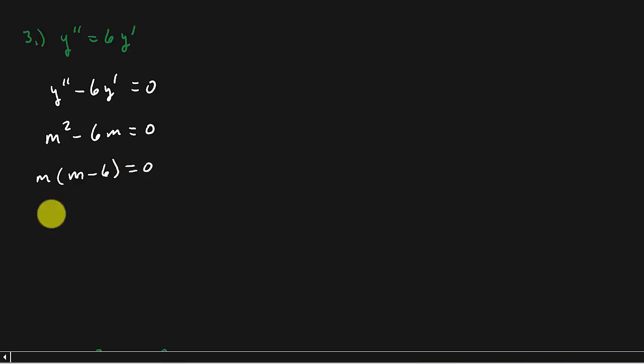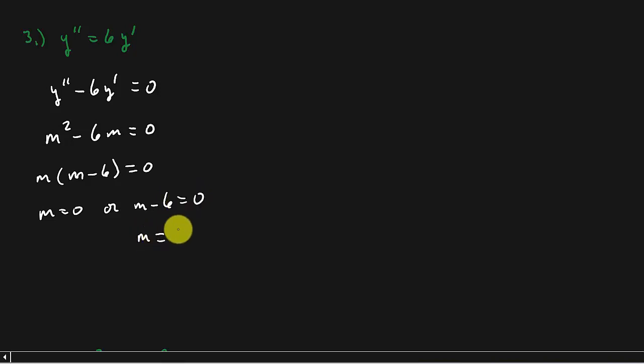So first thing we want to do, we've got y double prime minus 6y prime equals 0. Let's get everything to one side, set it equal to 0. And so I've got m squared minus 6m equals 0. So m times m minus 6 equals 0. So m equals 0, or m minus 6 equals 0.